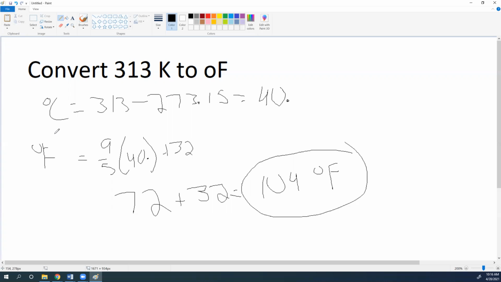Any questions about that example? I rounded it because I needed no decimals. 313 had no decimals, 273.15 had 2 decimals, so I needed 0 decimals in my answer.